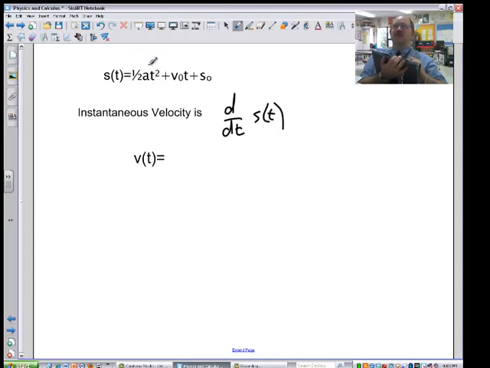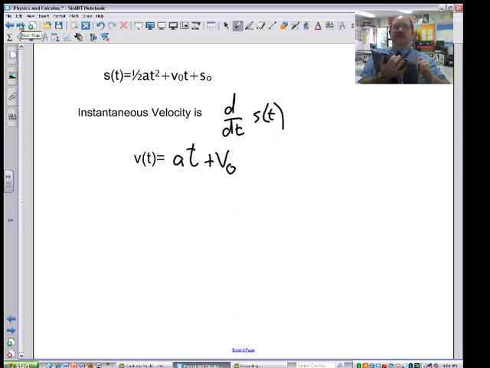So 2 times 1/2 is 1, so that takes care of itself. a is just a constant multiplier, that's going to come along for the ride, and the t is going to drop down to the first power. v naught times t to the first, the 1 is going to multiply, and so we're just going to be left with v naught, and s naught is a constant, and so that's going to drop out. So the velocity is acceleration times time plus your initial velocity. That's the instantaneous velocity at any time along the way.